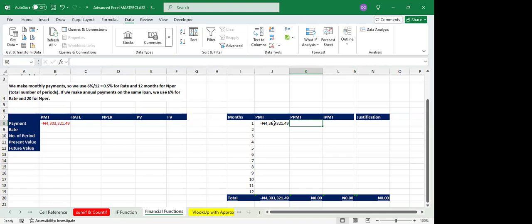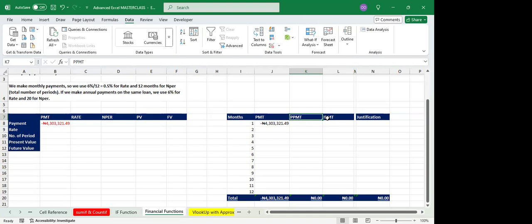So if I need to calculate, out of this 4.3 million naira, how much of this money is actually servicing the loan, and how much of this money is the interest they are gaining on it, then I will use one of these functions here. PPMT means principal on payment. IPMT means interest on payment.